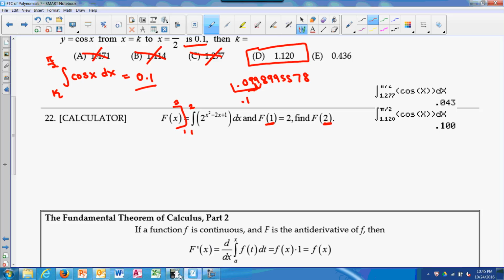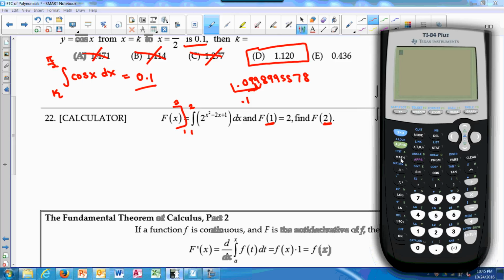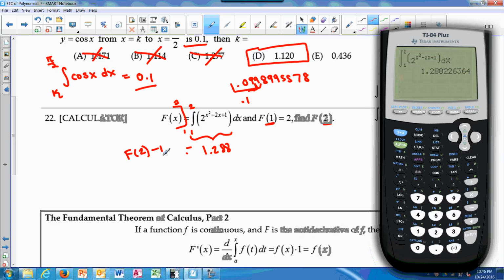So if I use my calculator, the integral from 1 to 2 of the number 2 raised to the power x squared minus 2x plus 1 with respect to x, the integral comes out to be 1.288. Remember, we always do 3 decimal places, and that's equal to F of 2 minus F of 1.